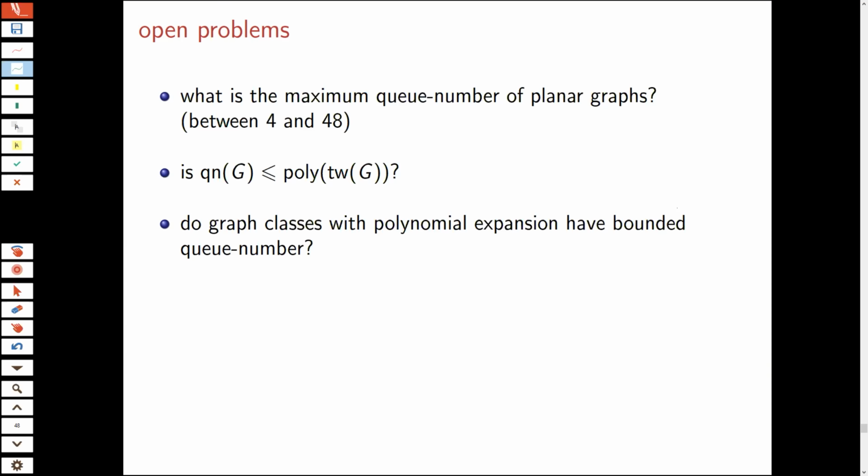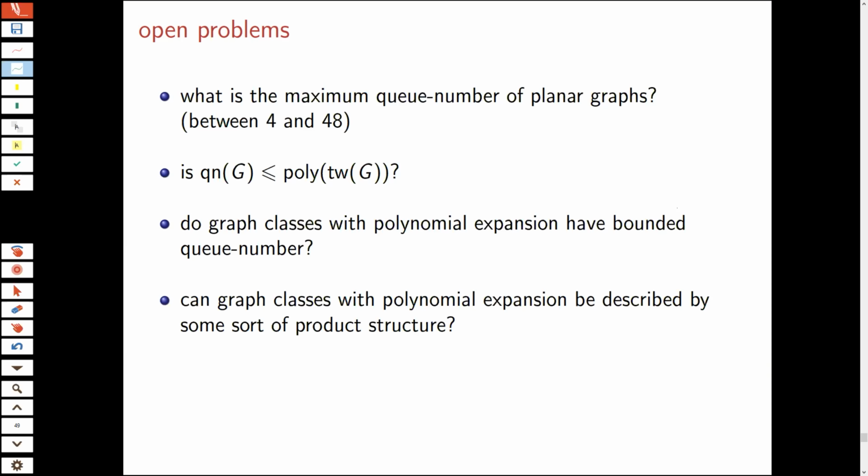And it's very much related to the question of what is the structure of classes with polynomial expansion, or classes with strongly sublinear separators equivalently. And in particular, can these be described by some sort of product structure? That's a very deep question that would be of widespread importance in graph theory if you came up with any sort of interesting answer.